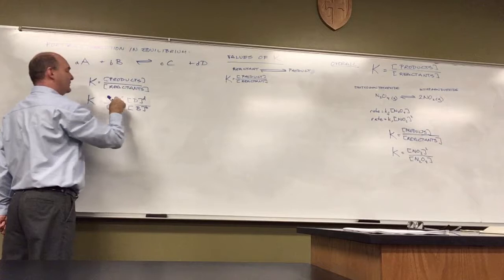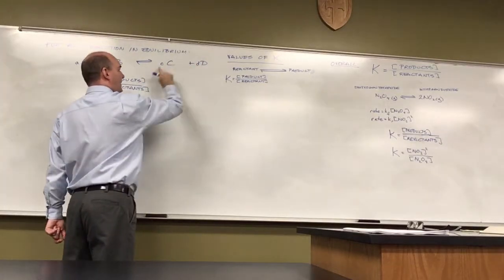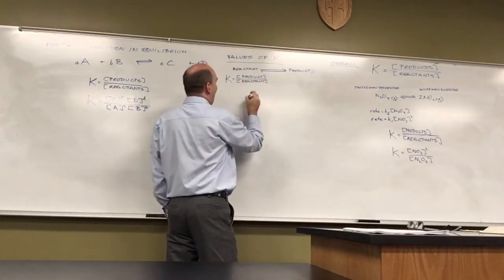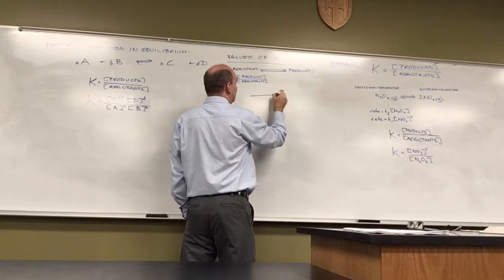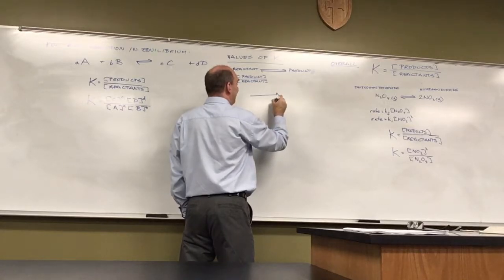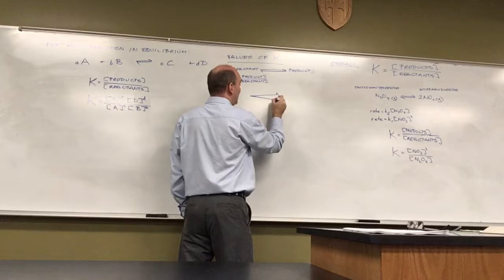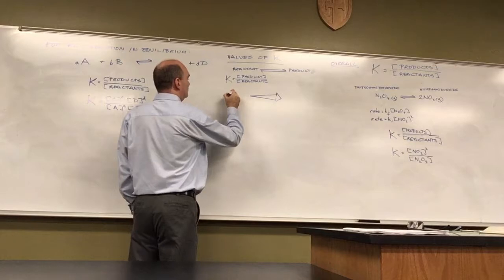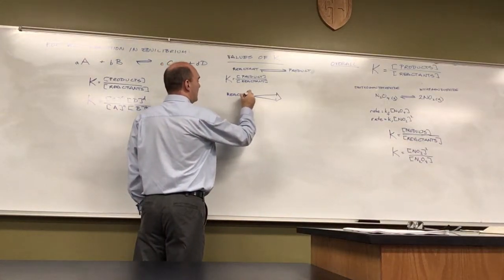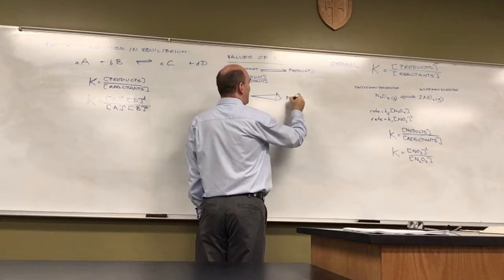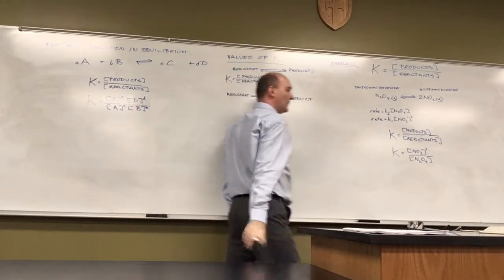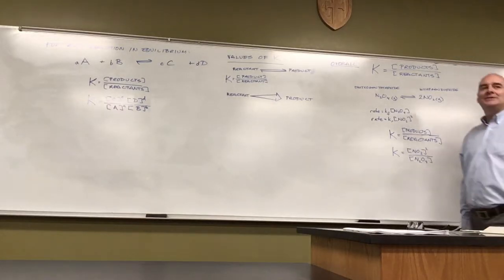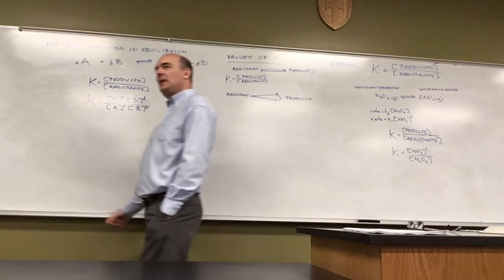Products, C and D are products, raised to the power of the stoichiometric coefficients, blah, blah, blah. Okay, as the reactant gets converted into product, in the scenario that the equilibrium position, remember the equilibrium position does not have to be in the middle.